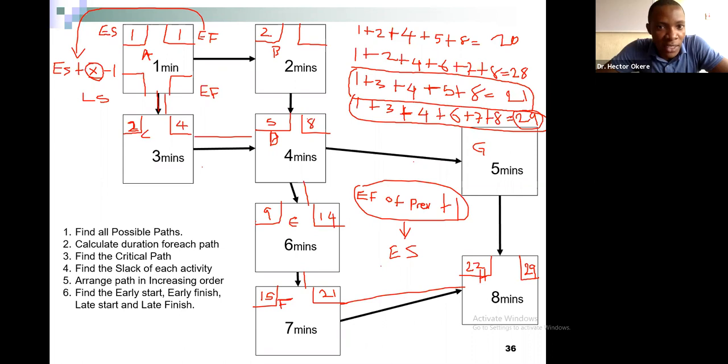What about early finish? Early finish for this one now will be early start of the current activity plus value minus 1. So early start of the current activity is 2 plus 2, right? Minus 1 becomes 3.